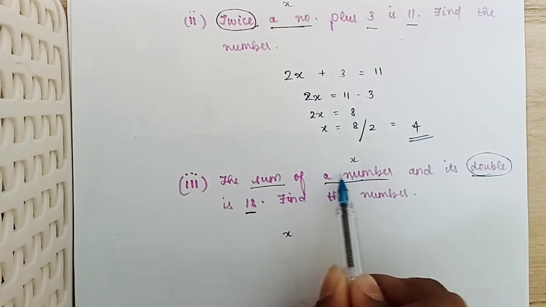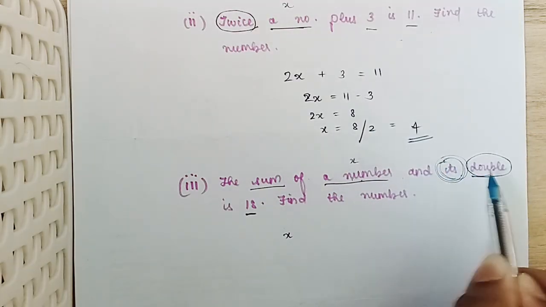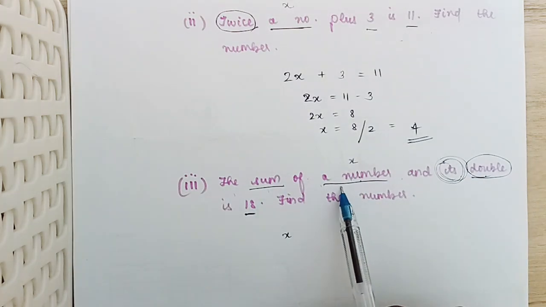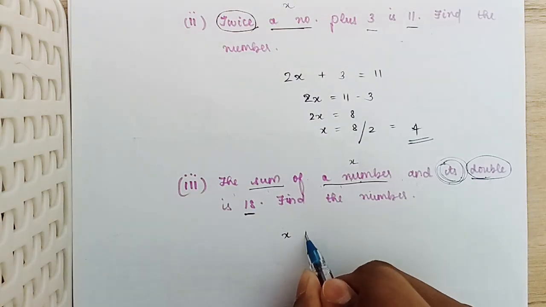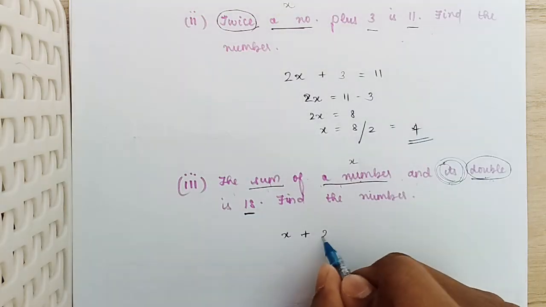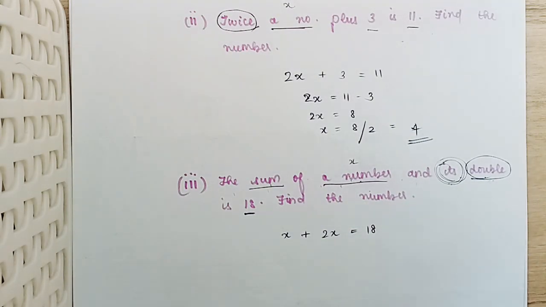The sum of a number and its double. Which double? A number's double. So the sum of a number and its double. So x plus, because of sum, its double. So double means 2x is equal to 18.